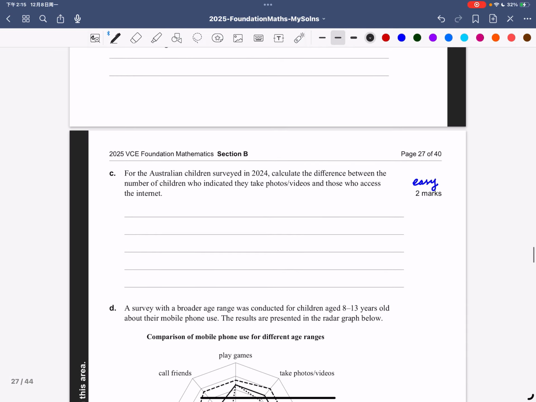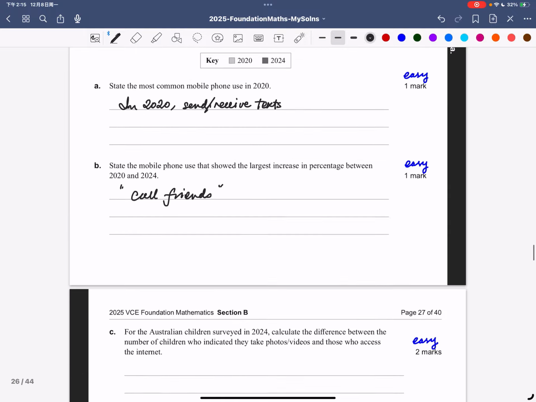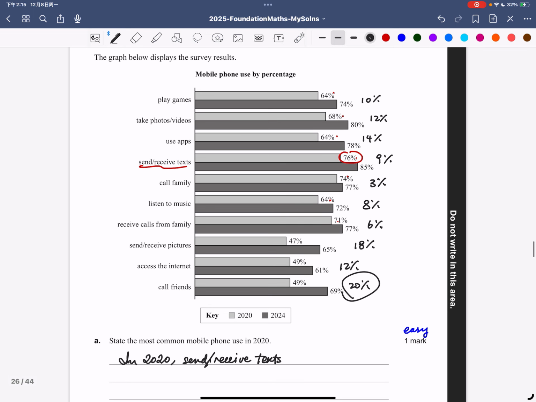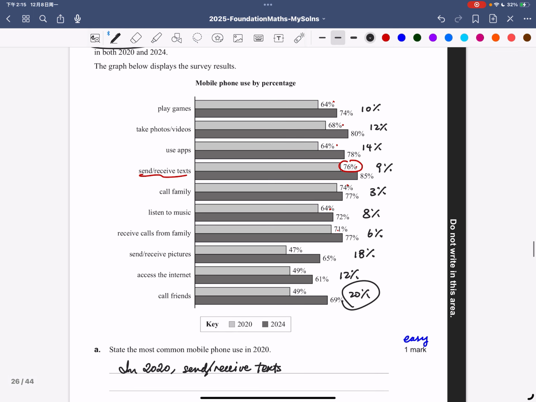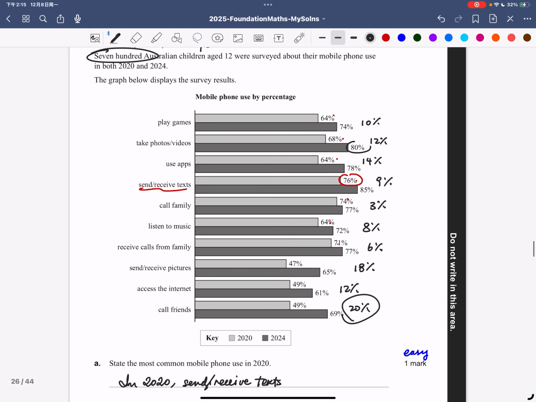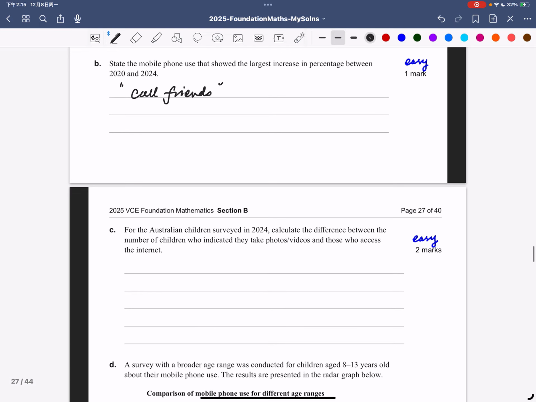For the Australian children surveyed in 2024, calculate the difference between the number of children who indicated that they take photos or videos and those who access the internet. So in 2024, take videos or photos, that's this number here, and access the internet, 61. So we compare these two percentages with the sample size of 700.